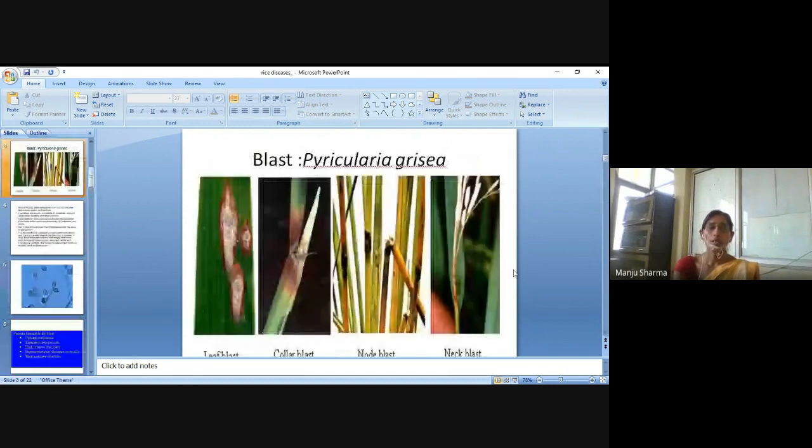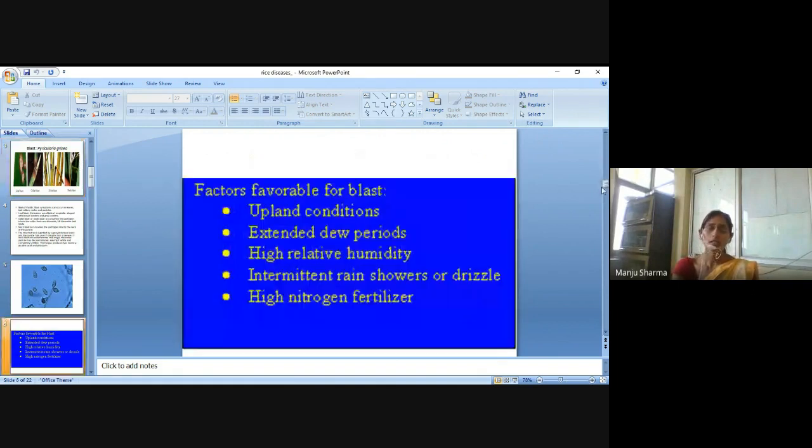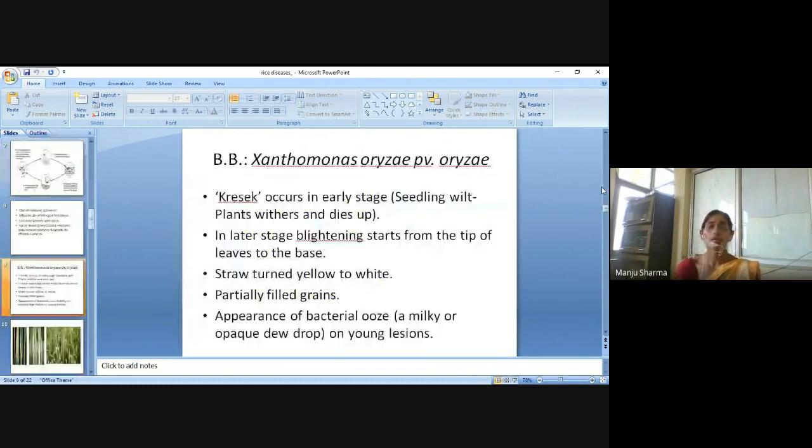If the symptoms are showing on the leaf, it is called leaf blast. If the node is infected, it is called node blast. And if the spots are on the neck, it is called neck blast.